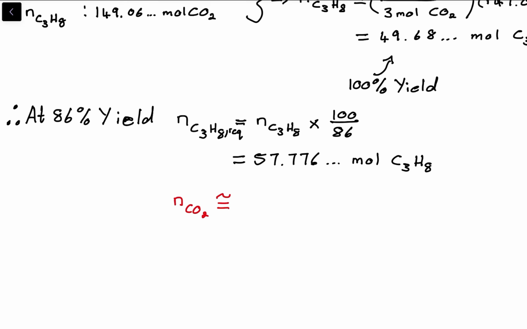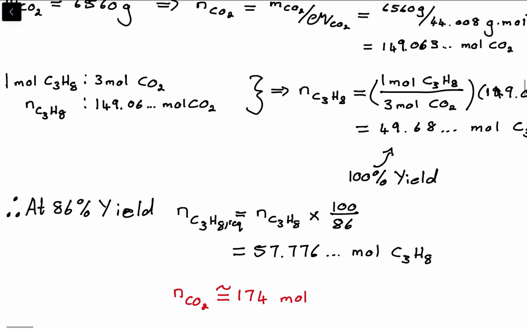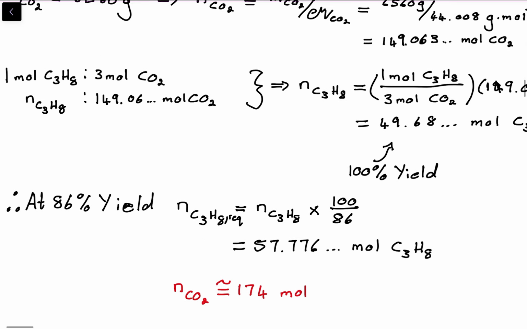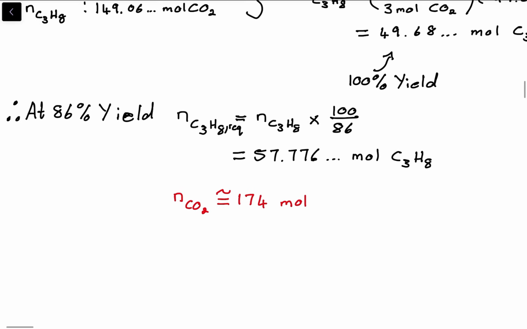It would be roughly 174 mole of CO2, right? That's a lot more than the 149 that we produced. But if you multiply this value by 0.86, you roughly get to 149 mole. And that's what we wanted to get to.